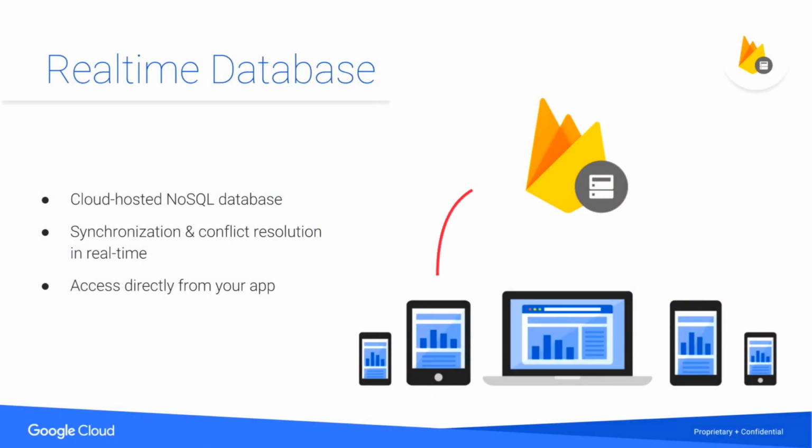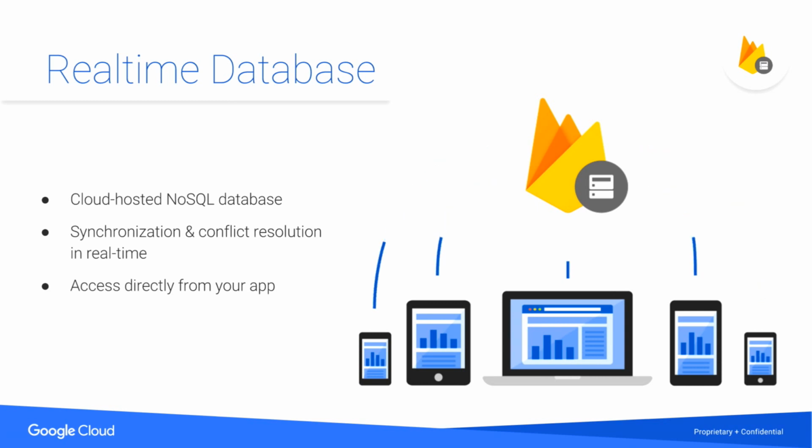What is a real-time database? What do we mean by real-time? First of all, the real-time database that comes with Firebase is a NoSQL database. But this NoSQL database has the capability to synchronize and do conflict resolution in real time.